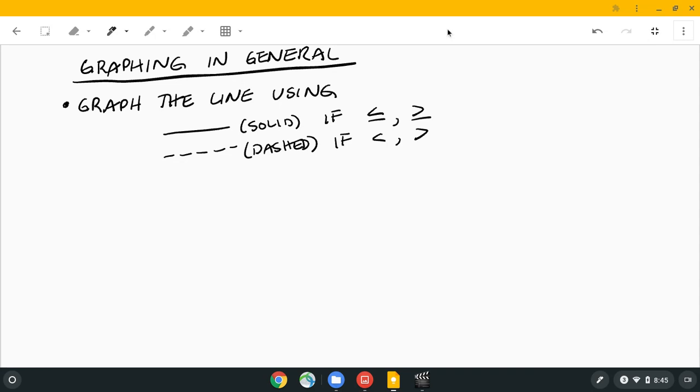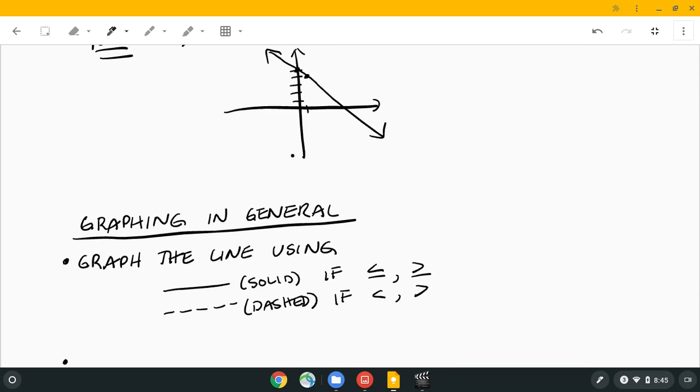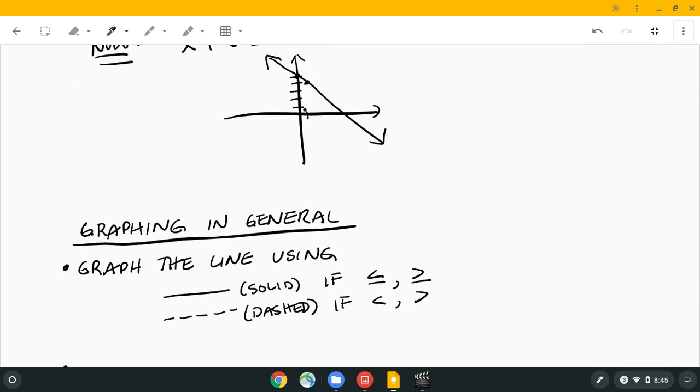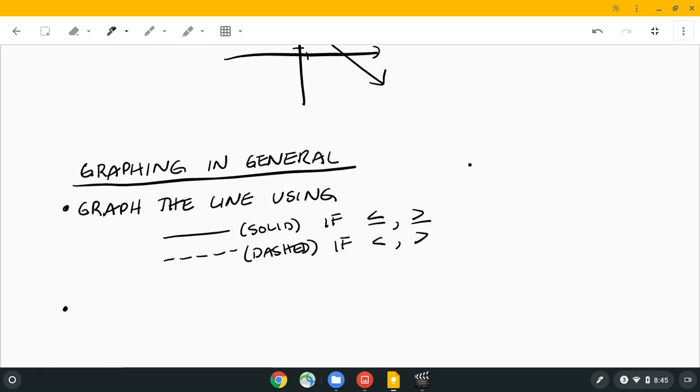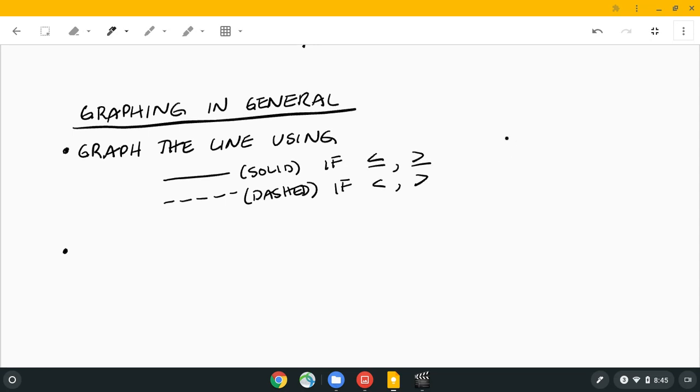Once you graph that line, whether it's solid or dashed, it breaks the plane into two sides: below the line, and the other side, above the line. What you're going to do next is choose a checkpoint.